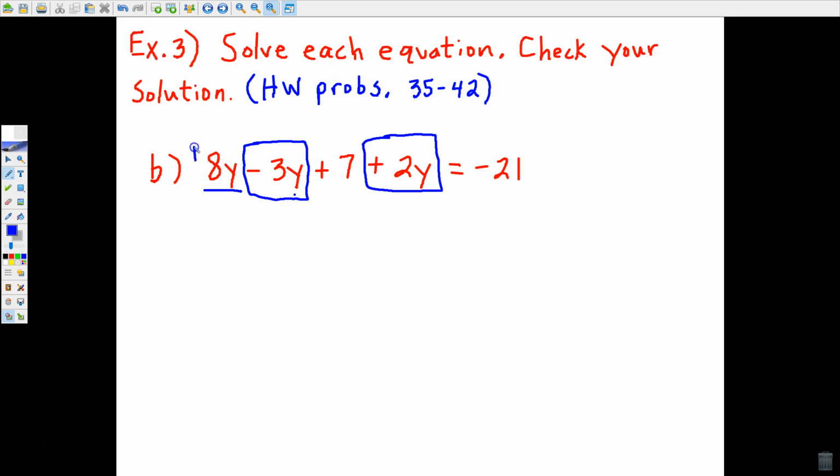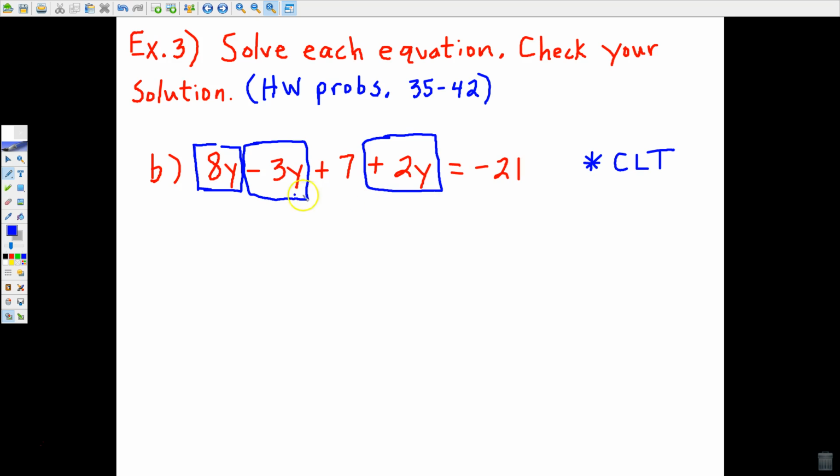Okay, I'll just put squares around all of the terms that we would consider like terms. They have the same variable, y, and y, of course, is to the first power in each case. So they are like terms. So the first thing that needs to be done, and I use the letters C, L, T. You'll see me do this quite often.